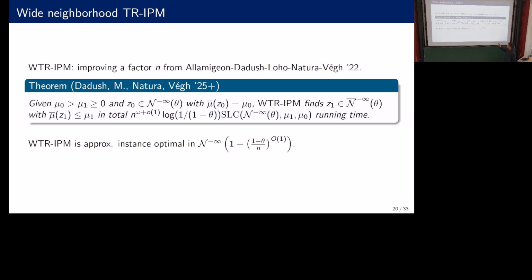So now we start with a point in the wide neighborhood, then we can reduce the duality gap from mu0 to mu1 using in total running time n to the omega plus little o(1) times some log factor times the straight line complexity in the wide neighborhood between these two duality gaps. Although this is stated in the running time, it can be shown that it is also approximately instance optimal, but in the wide neighborhood. So you have to increase the neighborhood parameter.